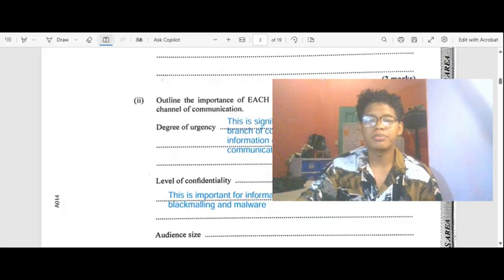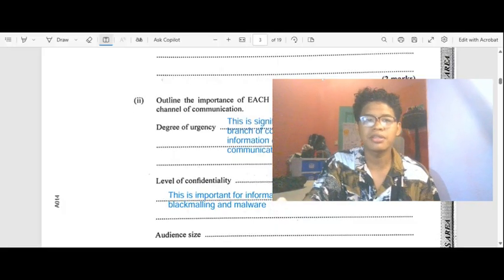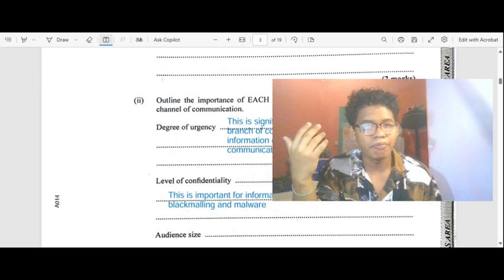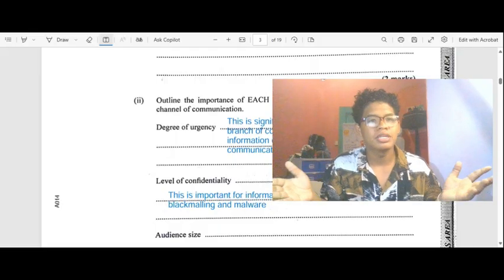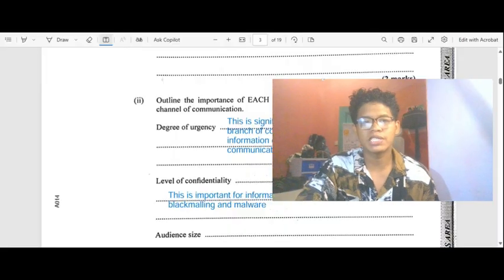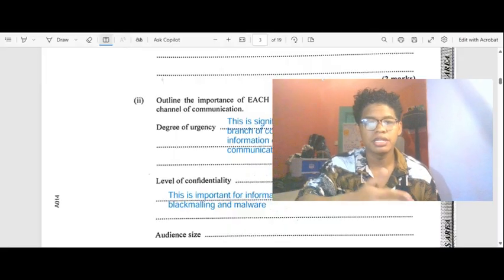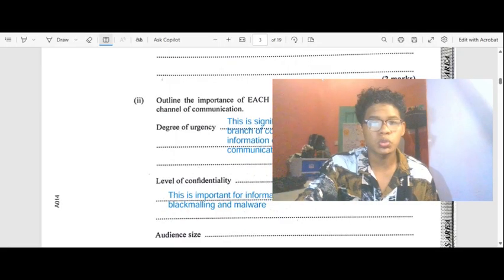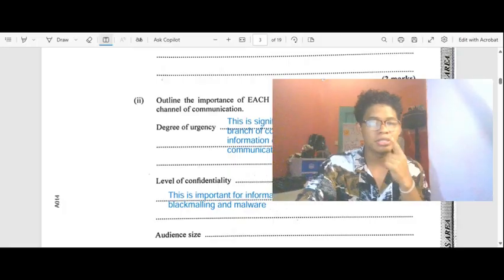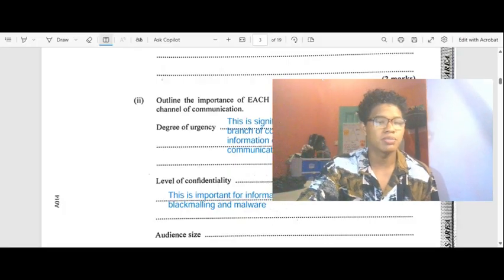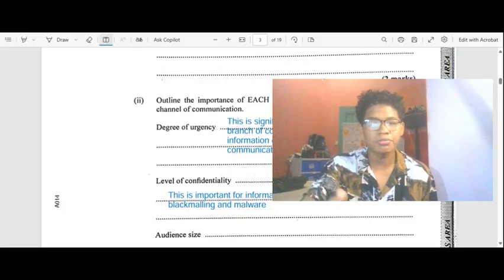In cases of your information being hacked, like someone getting into your business accounts, that mail system or telecommunication system. The most dangerous situation arises when somebody gets into your bank account, and if they have the password through hacking, they could secure your funds, your money within the business, and that could lead the business to becoming bankrupt. So this is important for information security. Level of confidentiality is important for information security.